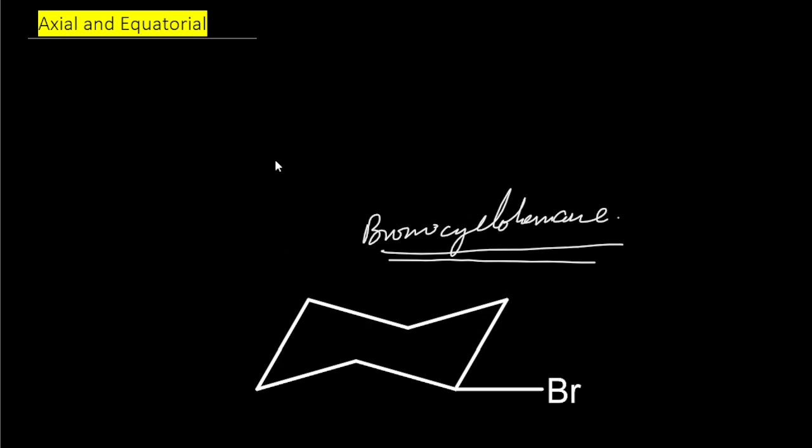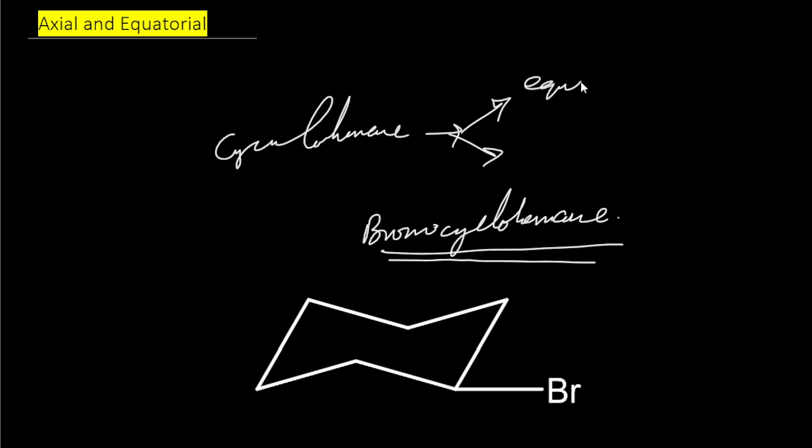We know that a cyclohexane ring has two types of protons, one at the equatorial positions, known as equatorial protons, and one at the axial positions.